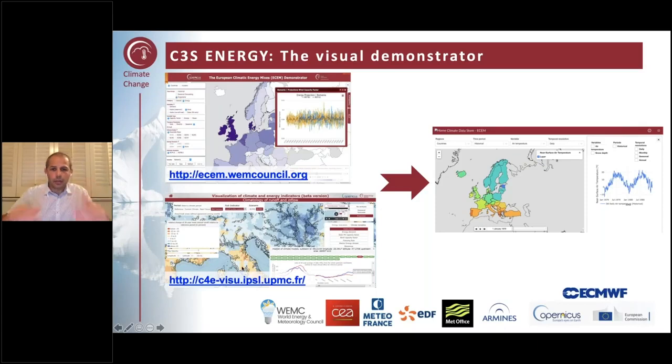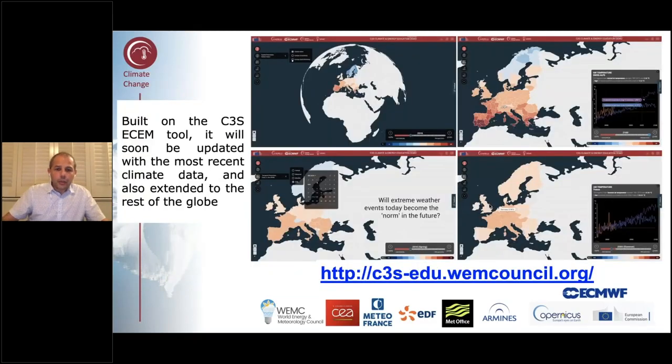Now we have a new visualization tool coming up, and it will be hosted by C3S. ECMWF maintains this. In the meantime, we also developed a separate tool more for educational purposes, but we found that it is also useful for general communication with technical people, because it's easier to approach.